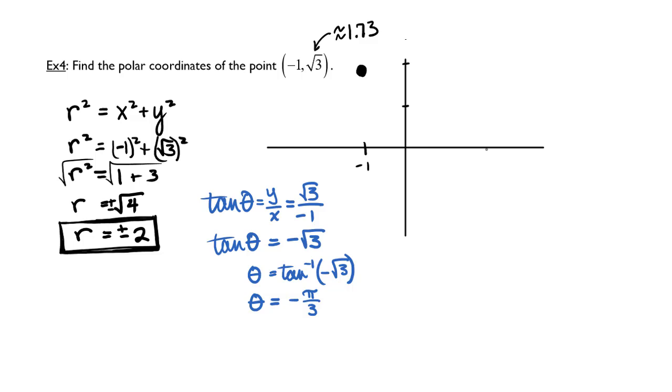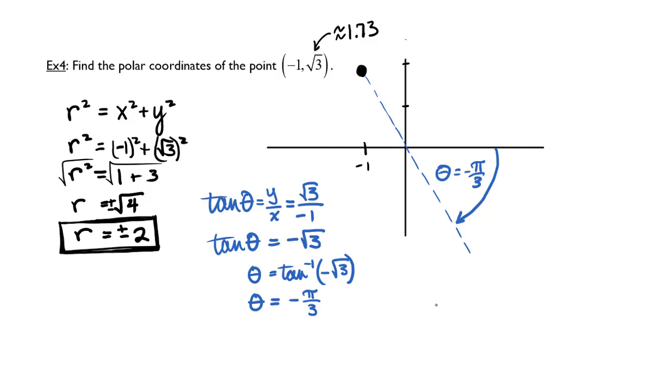Now if I were to graph -pi/3, that's going to put me down in the fourth quadrant. That's this angle down here. And if I look at how that relates to the coordinate point I'm given, I can see how there's my angle theta equals -pi/3. So remember, all I have to do is add pi and I will get the angle if I wanted to use my negative radius.